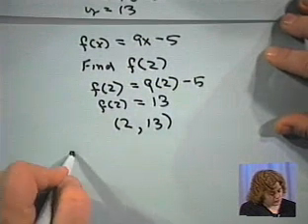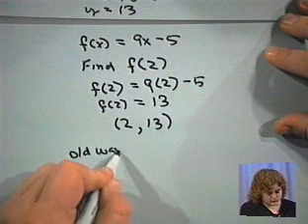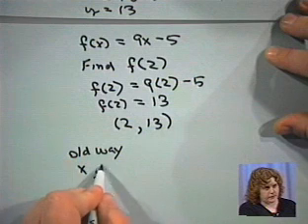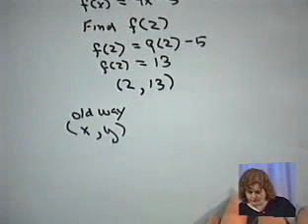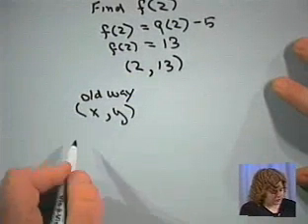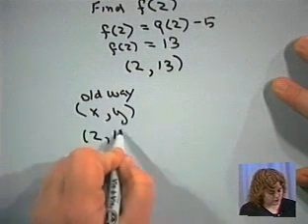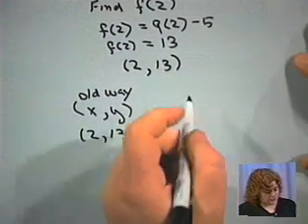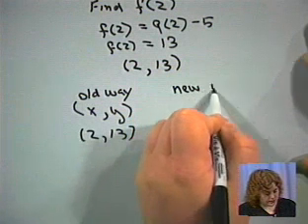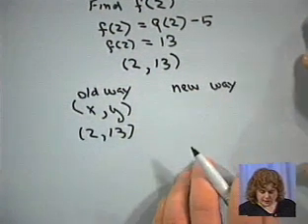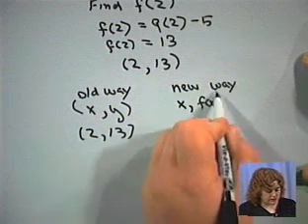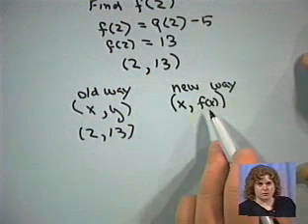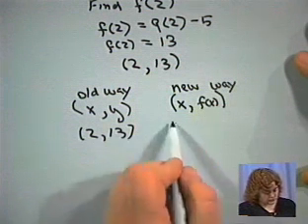So the old way of writing this was we had the pair x, y. And for this particular problem, it was 2, 13 were the coordinates. In the new way, new language, we have the ordered pair x and f of x, the value of the function at x, the y-coordinate.